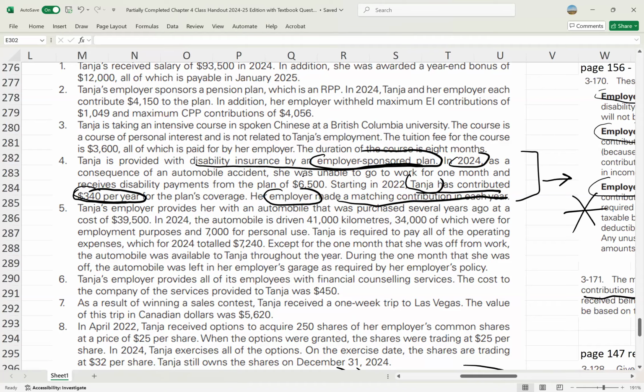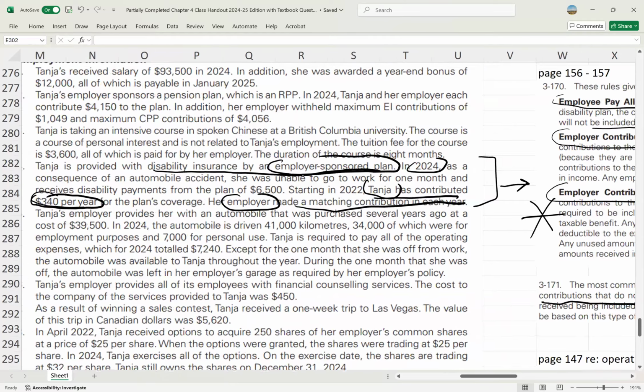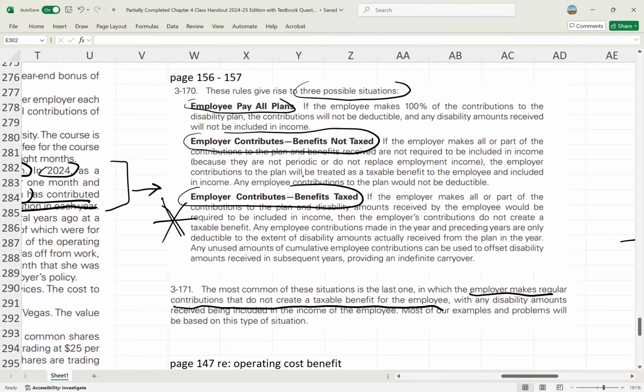So even though the employer is covering some of the premiums for the disability insurance that Tanya could benefit from, because it falls into this most common type of plan, the premiums that the employer pays on behalf of the employee do not create a taxable benefit.